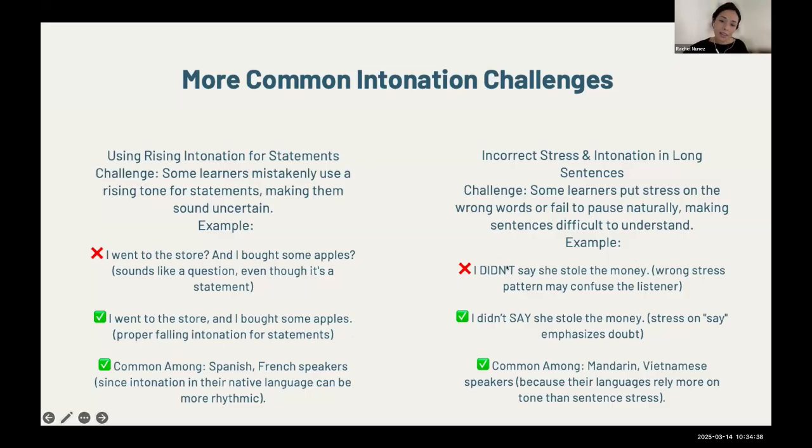What is the meaning if I say I didn't say she stole the money versus I didn't say she stole the money? Can someone explain further what I want to say with this? Raise your hand if you know what I'm trying to say and the difference.